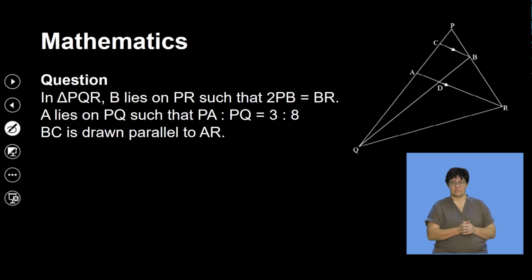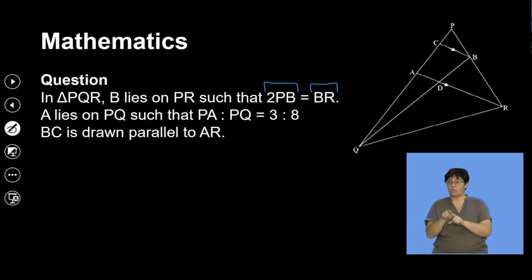Now, let's look at something else, right? I said whenever there's some information we need to add, I'm not going to give you some questions as we are starting. We have the triangle PQR with B that lies on PR such that 2PB is equal to BR.